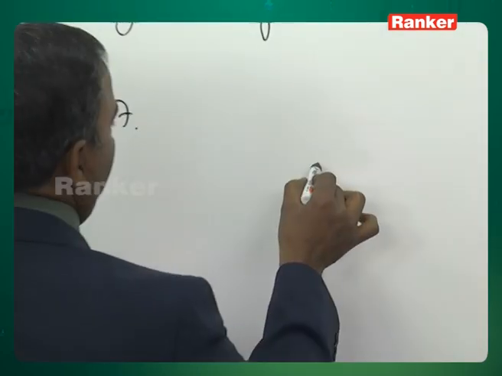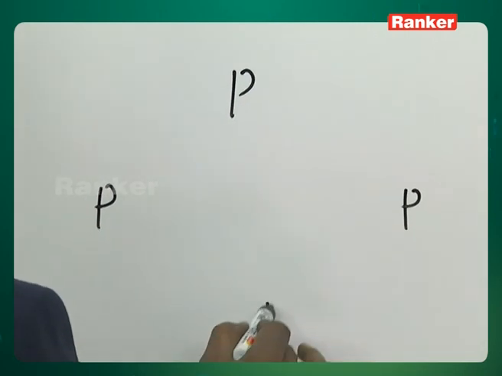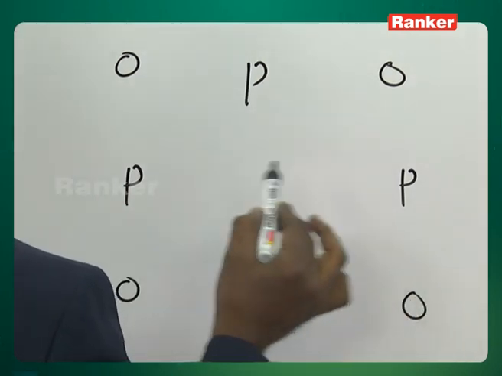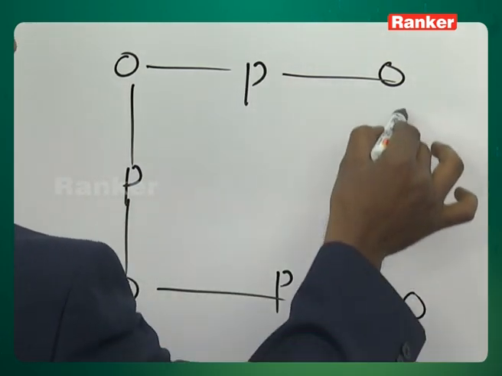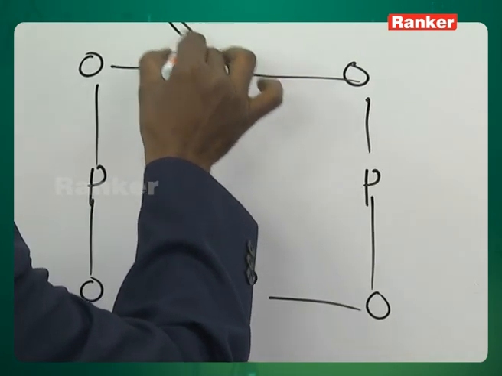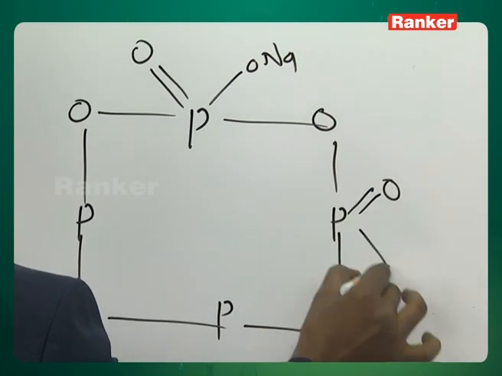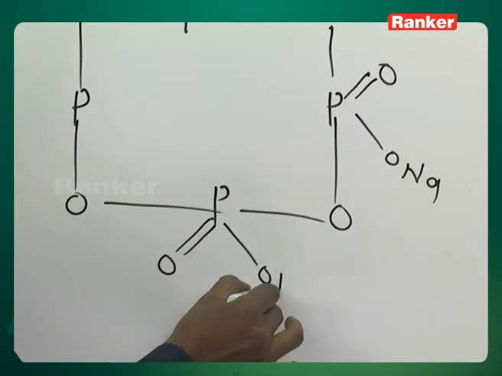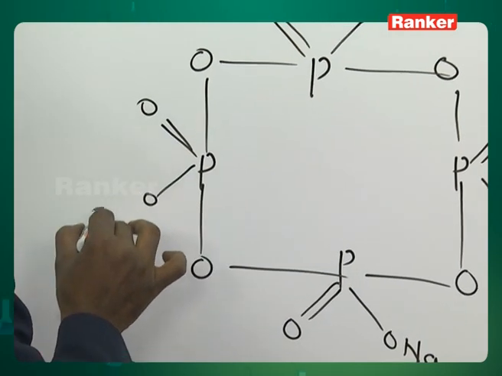Now, the structure of the compound: P4 is there, with double bonded oxygen and ONa on each phosphorus.